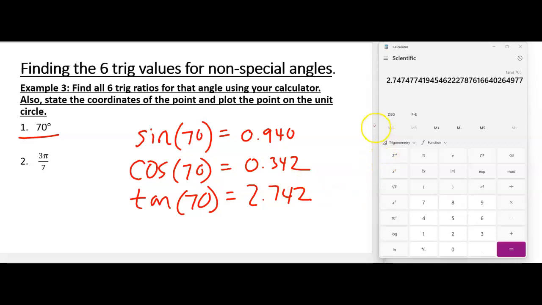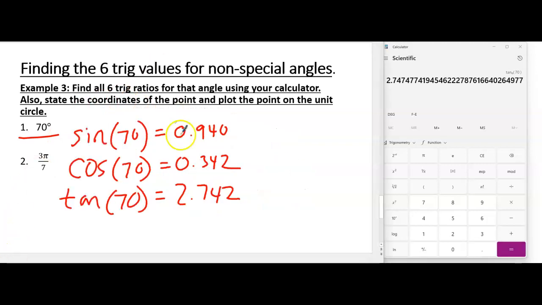Now, my calculator is kind of unique here because it has secant, cosecant, and cotangent on it as well. But I'm betting that most of the calculators you guys are going to use don't have that.